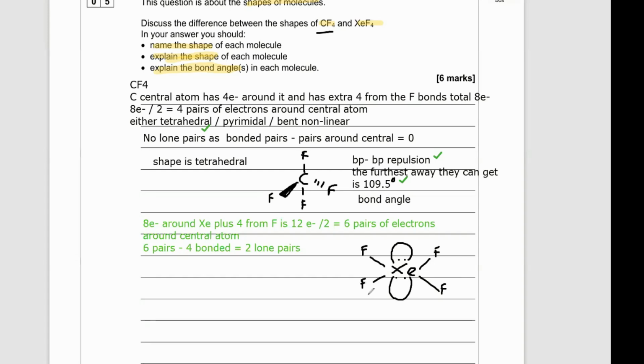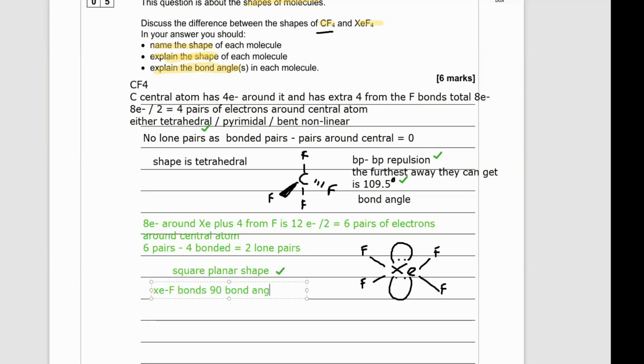Now, the way that these position themselves, there are two different bond angles going on here, and that's because we've got the bond between the fluorine atoms and the lone pair, and then we've got the repulsion between the two lone pairs. Now, the shape is square planar, so that's going to get you a mark.